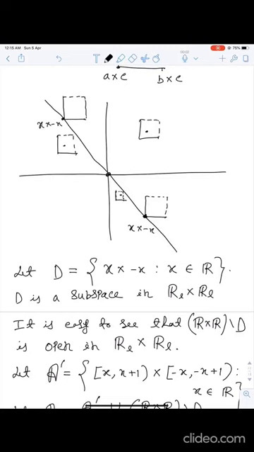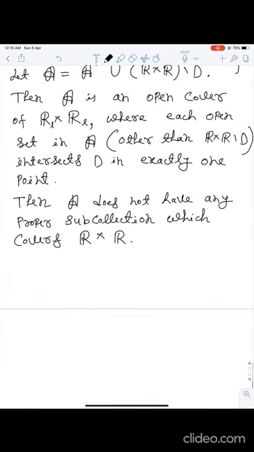That means we cannot remove any element from A. So A is uncountable and has no proper subcollection covering the space. So RL cross RL is not Lindelof: we have an uncountable collection A which has no countable subcollection that covers R cross R.